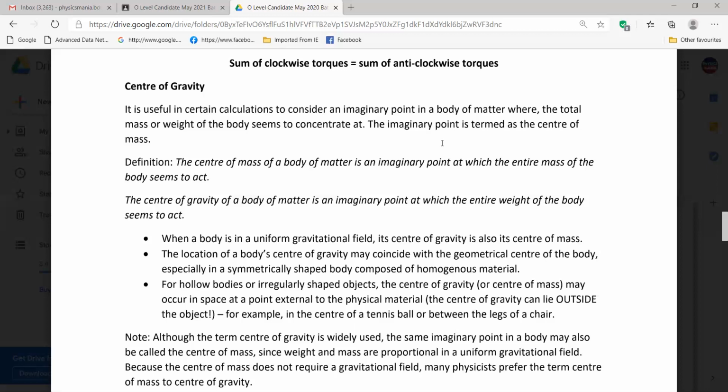For hollow bodies or irregularly shaped objects, the center of gravity or center of mass may occur in a space at a point external to the physical material. The center of gravity can lie outside the object, for example, in the center of a tennis ball or between the legs of a chair. Okay, here you got 3 examples. You understand it? Yes.